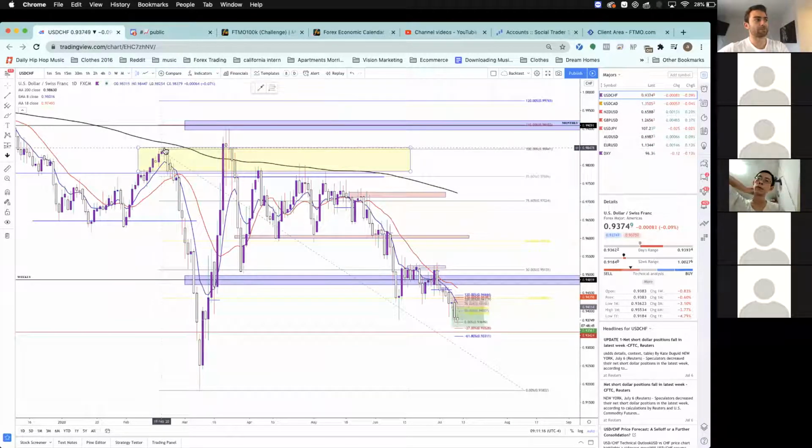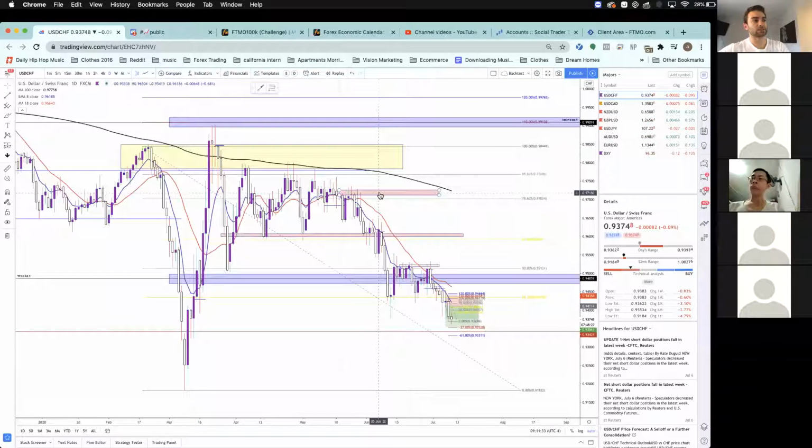I've got my fibs from my high to my low, came back, retested 100%, came up, retested 88.6, had a cross here, came back up, retested 88.6 again, and then we started to consolidate again a little bit below 88.6. So these are all consecutive lower highs. Our most recent one that had formed was right here, was this level right here.